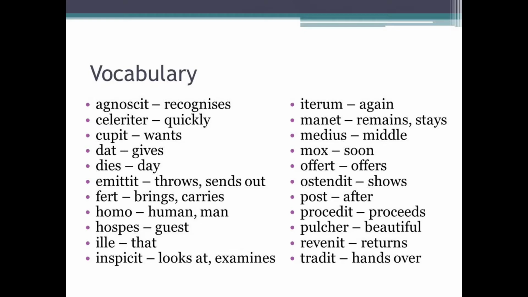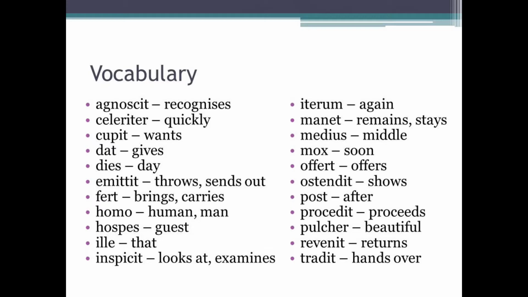Hospes is a guest. Ille means that. Inspicit means looks at or examines. Iterum is again. Manet means remains or stays. Medius is middle. Mox is soon.